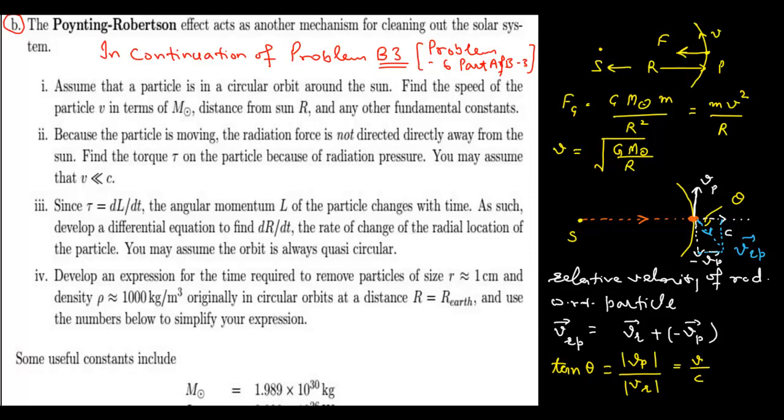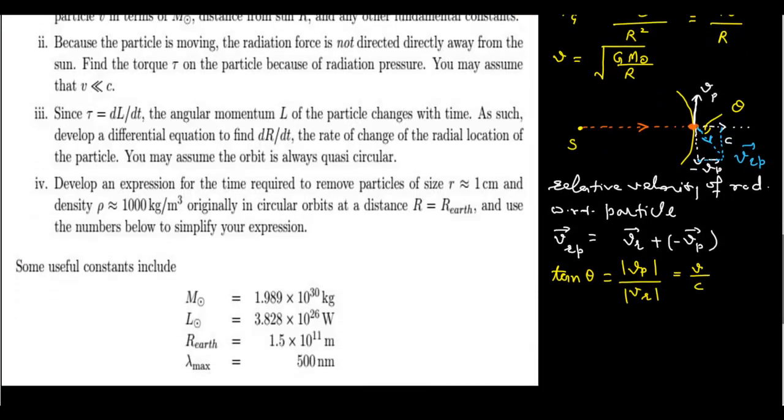And also it is given that this V is very much less than c. This means this theta is very small, so from here we can write that theta is equal to V by c. Clear? So this result will help us to calculate the torque tau that is acting on the particle due to radiation pressure.